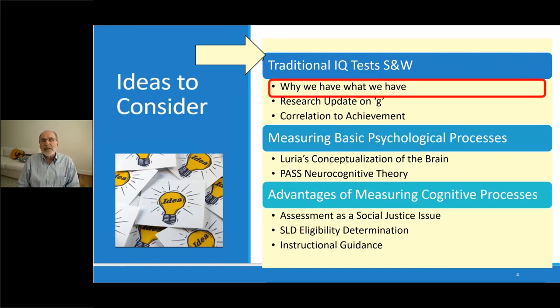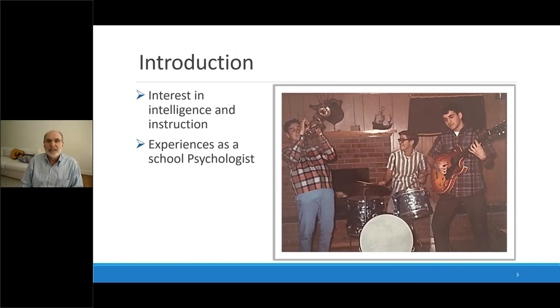So let's think about why we have what we have. Oftentimes when we say, oh, I'm using a new test, the 5th edition of something, I chuckle because we know the history. The history is really very important. And I'm going to help you understand this through my own history.